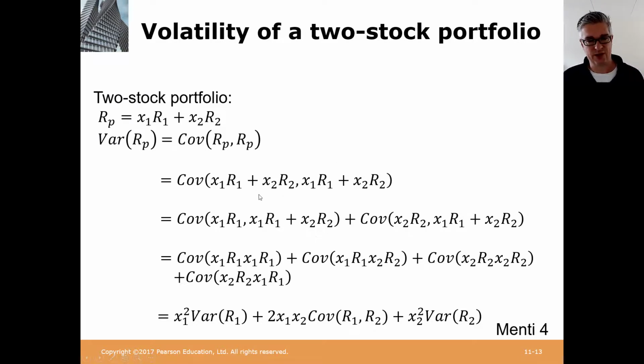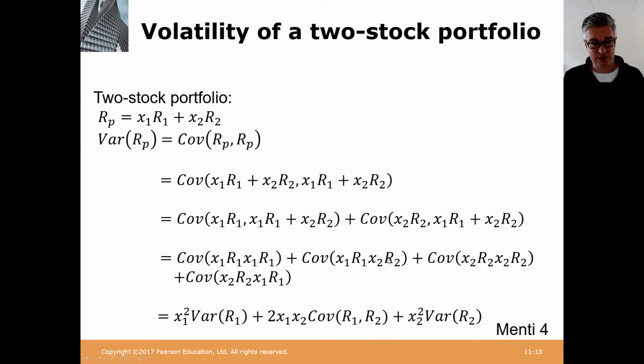Since the covariance of a sum is the sum of covariances, let's take the first part: the covariance of x1 r1 with x1 r1 plus x2 r2, plus the second part, the covariance of x2 r2 with x1 r1 plus x2 r2.